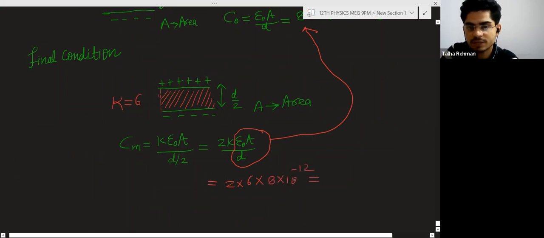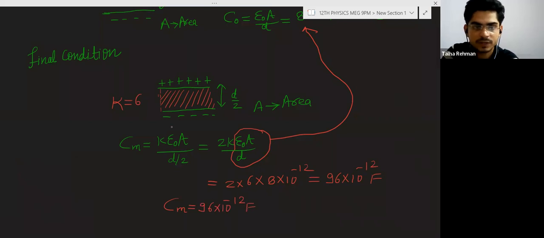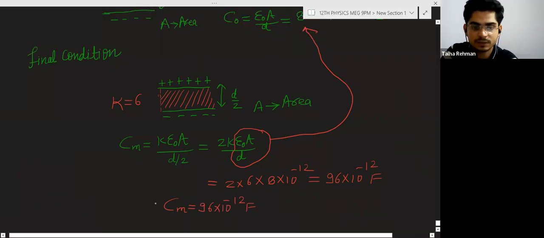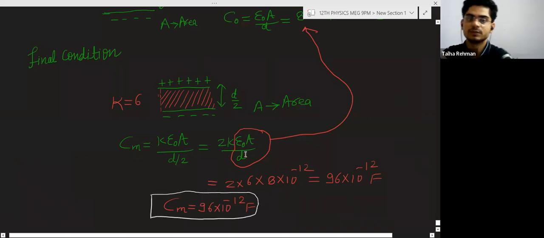So the answer will be 96 into 10 to the power minus 12 farad. So finally we have got 96 into 10 to the power minus 12 farad. This is our final answer.